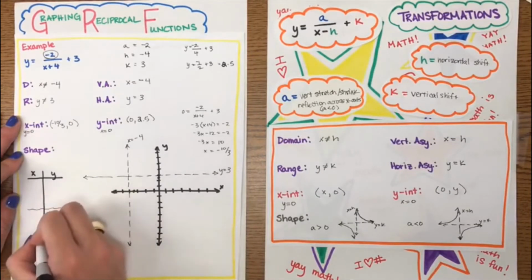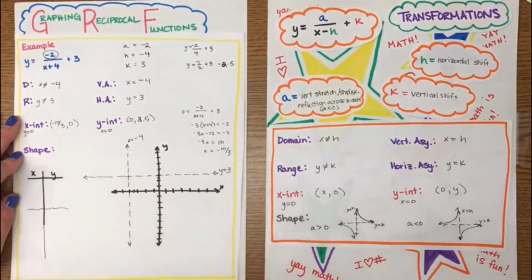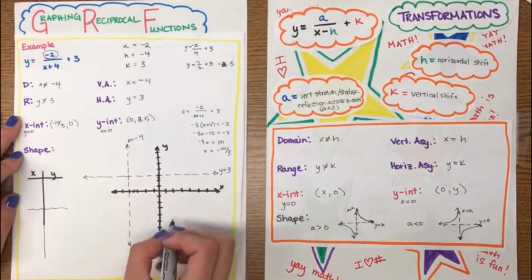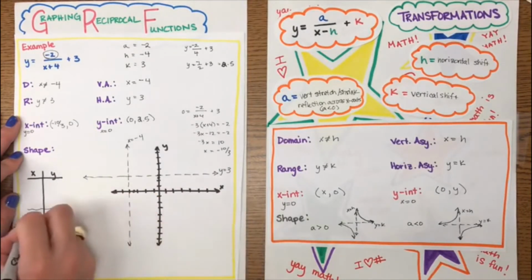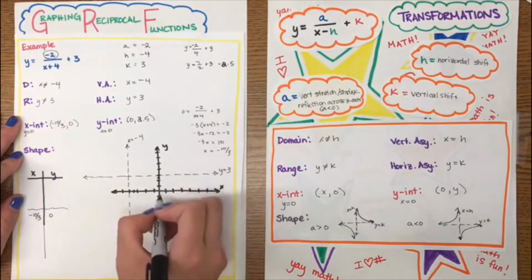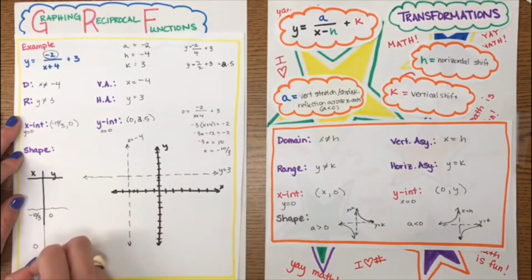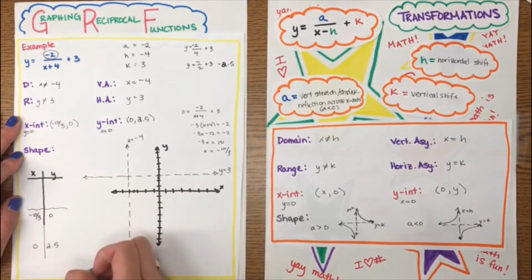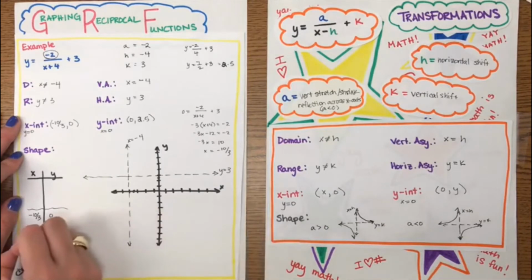When I go to my table of values, I need 3 points in each region. I already have to the left -10 thirds, 0, and I have 0, 2.5. So I'm going to pick some value in between, like maybe -2.